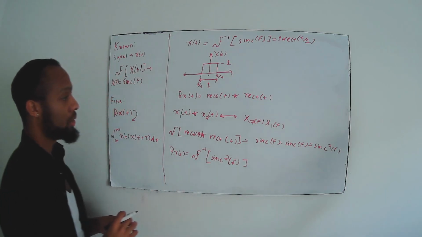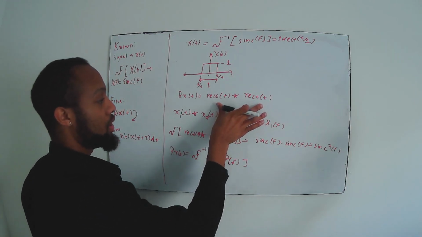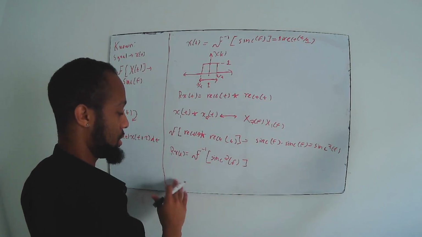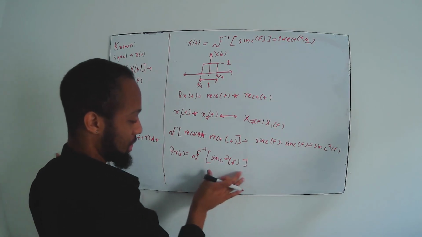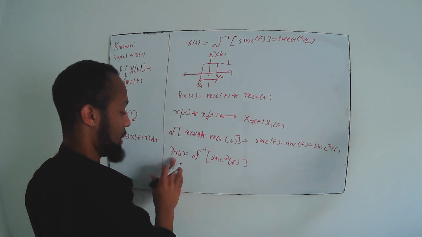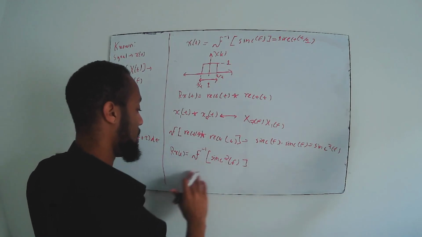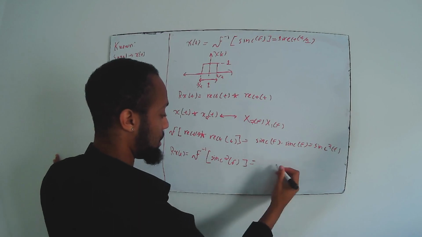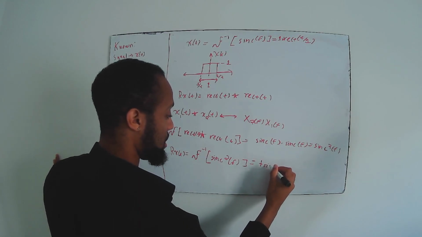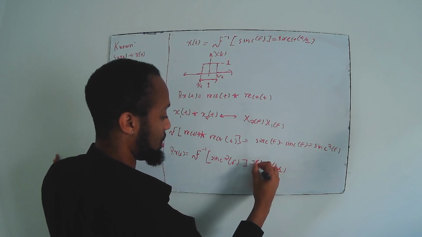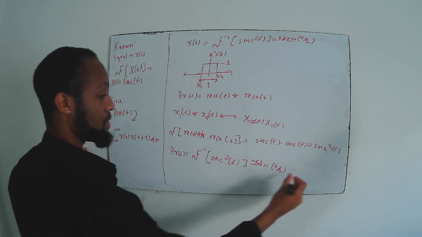All we did was, instead of computing this using the traditional convolution method, we took the Fourier transform, multiplied, and took the inverse Fourier transform to get back to the time domain, because we want Rx(t), not Rx(f). Taking this inverse Fourier transform, we get tri of t divided by 1, times 1. I'm going to draw the graph of this one up here.